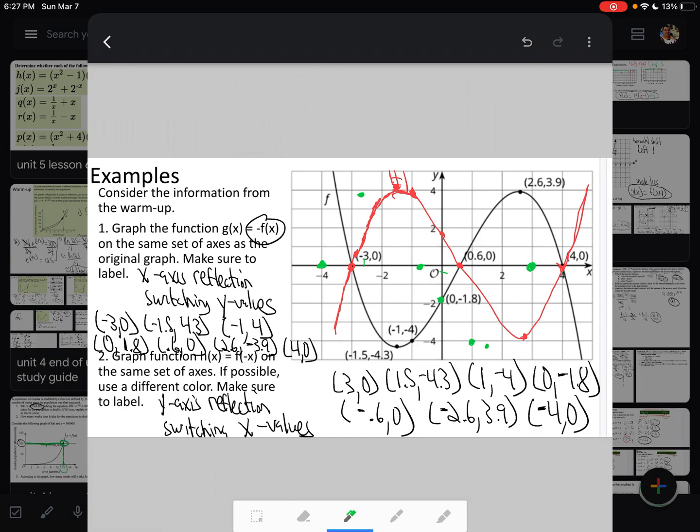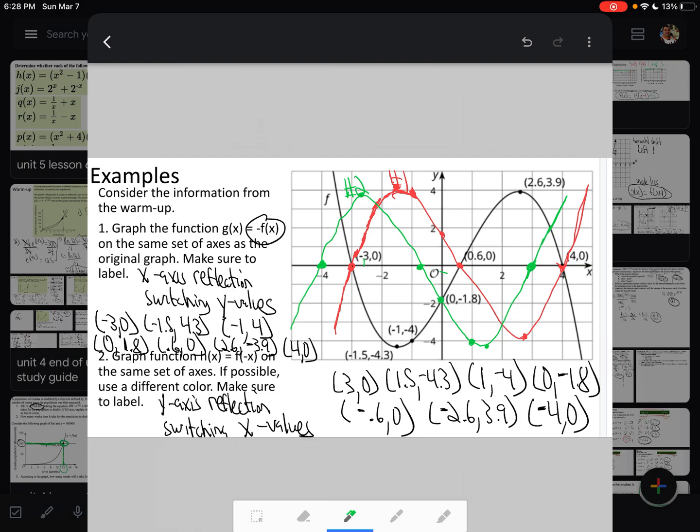So if I put all that together, it's going to look something like this. Okay. So the green graph, that is number 2. That is your reflection over the y-axis.